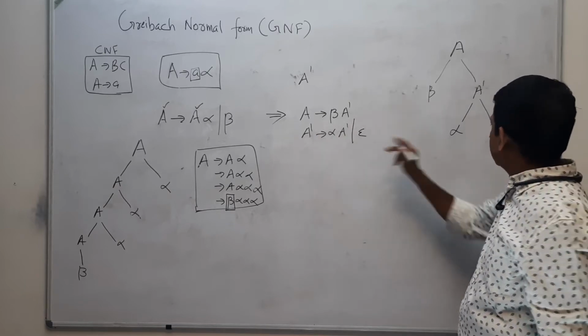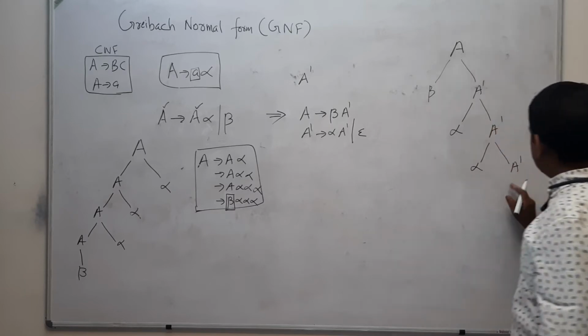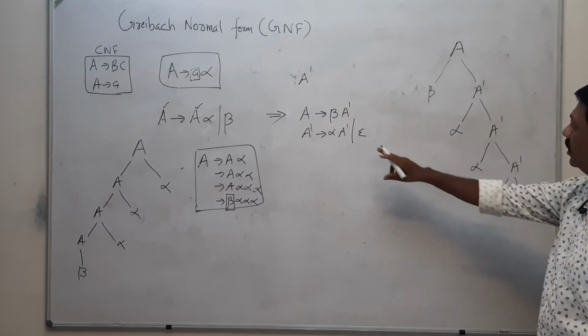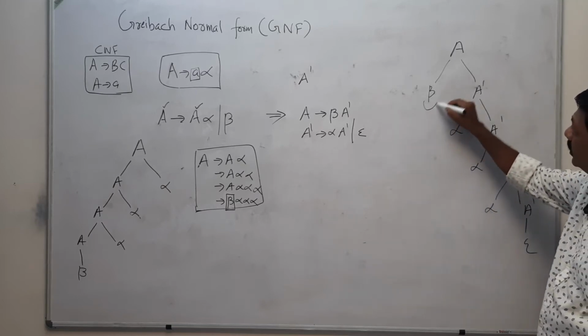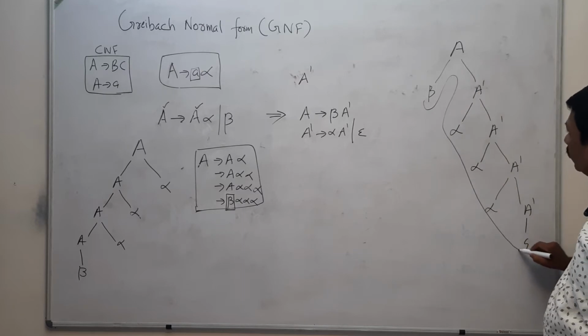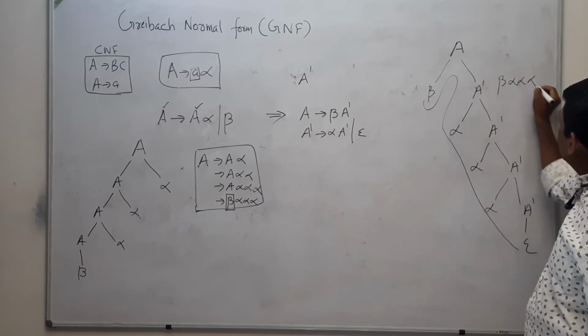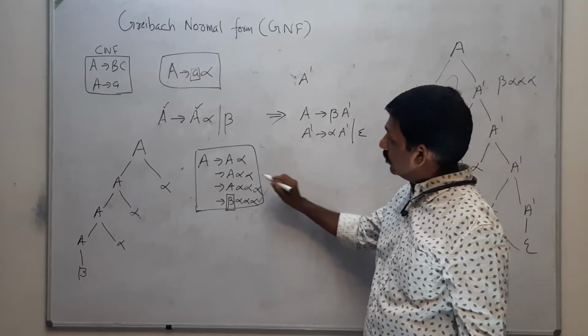Again A dash derives alpha A dash. Again alpha A dash, and A dash derives epsilon. Okay, that means now the yield is beta alpha alpha alpha. This is the yield, the same yield as that of this one.